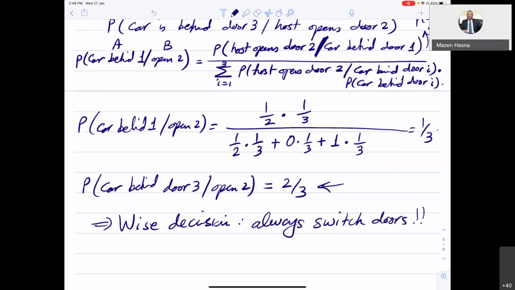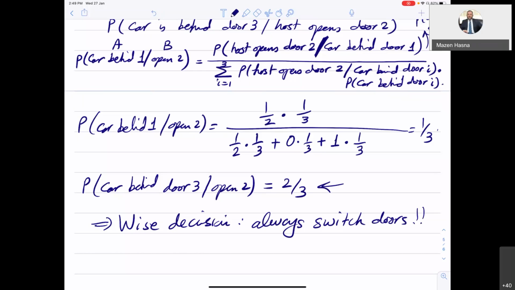Abdullah, go ahead. Doctor, I didn't understand how you derived the term, the probability that the host opens door 2 given the car is behind door 1. Okay, you understand the scenario, right? The host knows where the car is, you agree?